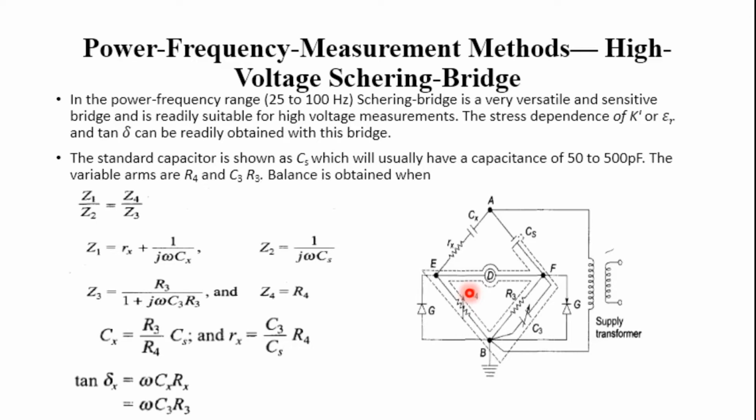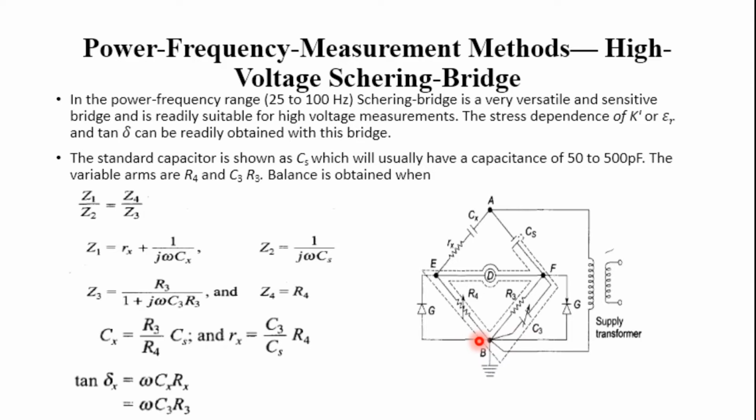The voltage across the low voltage arm, EB and FB, should not exceed 10 to 20 volts.